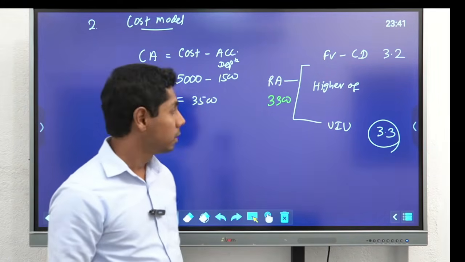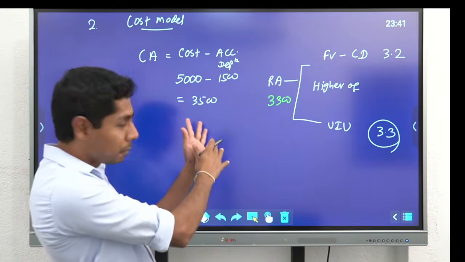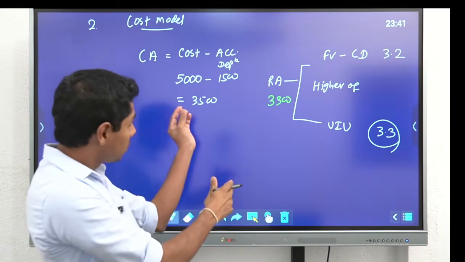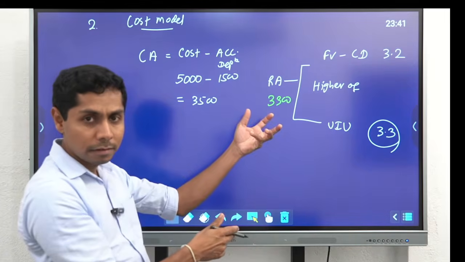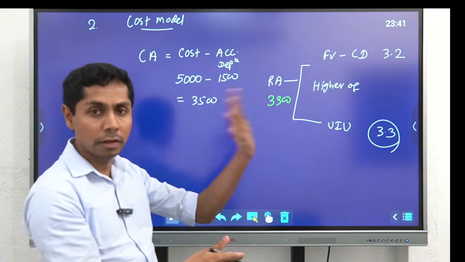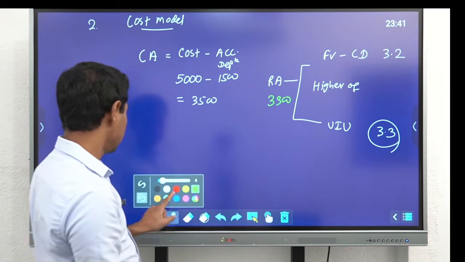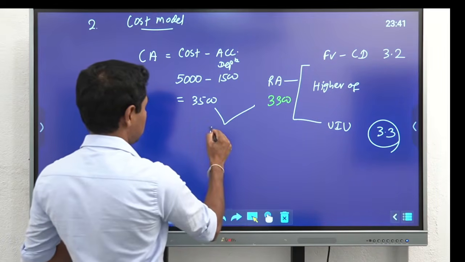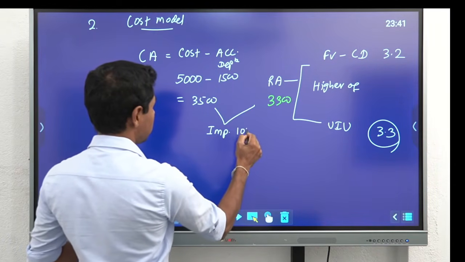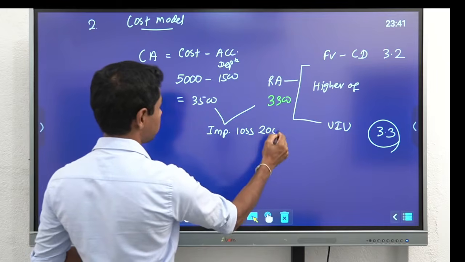Now, when you compare our carrying amount with the recoverable amount, our carrying amount is overstated. Our asset is overstated, so we have to recognize the impairment loss. Impairment loss of how much? 200,000.